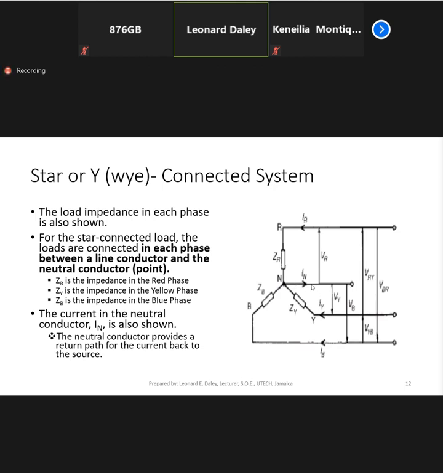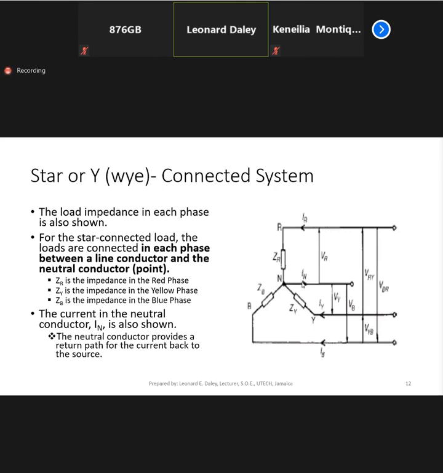For the three-wire system, you will not have any neutral conductor, so that's why I put three-phase three-wire system also. And so we give names to the impedances in each phase: ZR, ZY, and ZB.